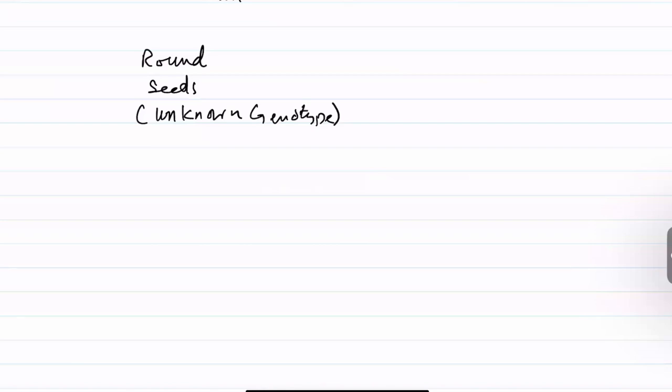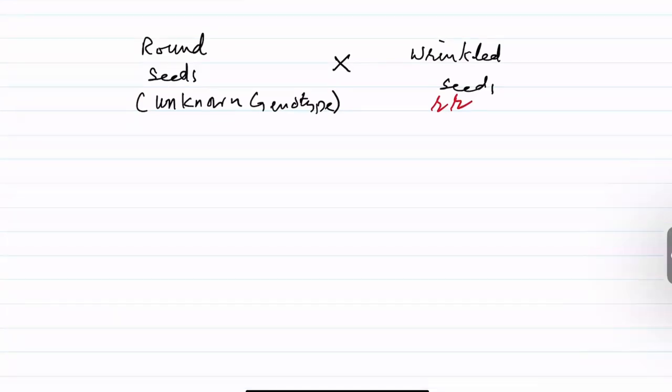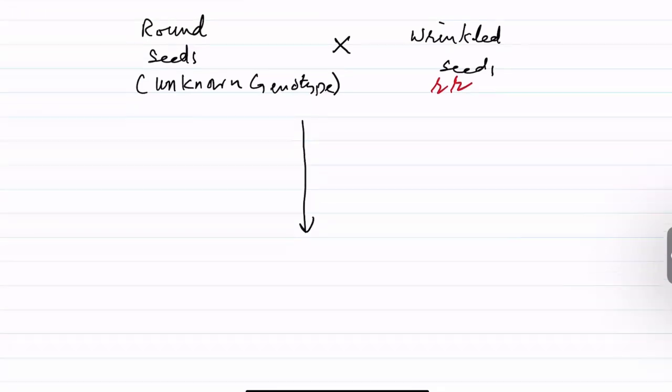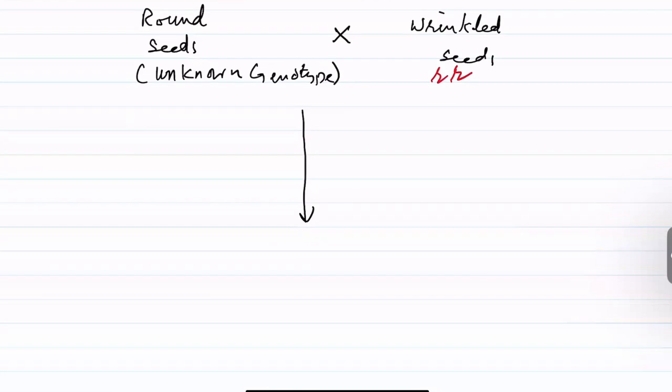What we do is we cross it with another plant which has wrinkled seeds. Okay. So for wrinkled seeds, we know that it must be r small r small. So when we cross them, the offsprings produced have two cases.